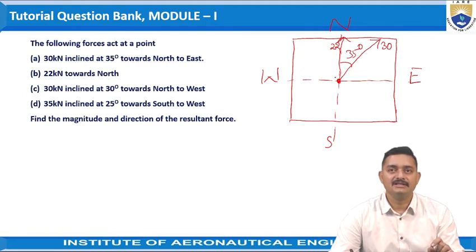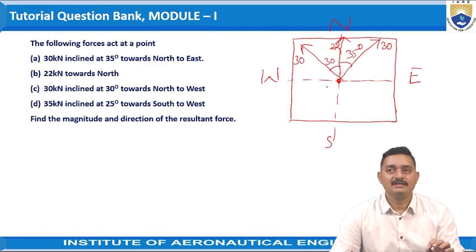Then the third one that is given is 30 kilonewtons inclined at 30 degrees towards north to west. That means this is the force that is acting, 30 kilonewtons, and the inclination given is 30 degrees.